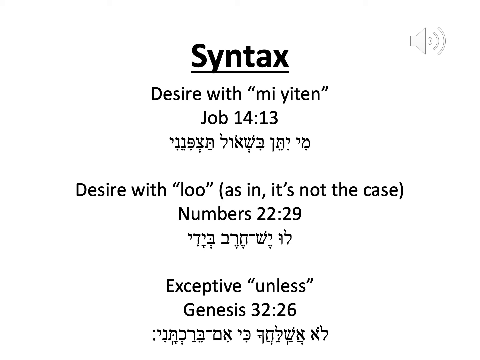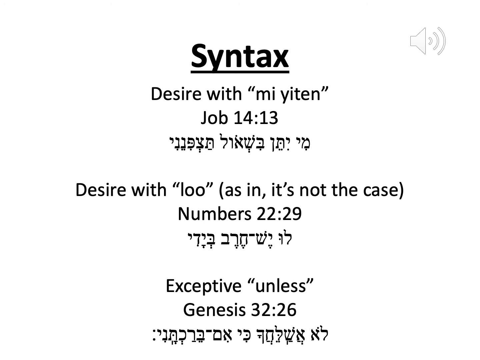Sometimes the desire is used with lu, if only, as in a negative that is not currently the case. So in Numbers chapter 22:29, Balaam prays, "Oh, that there was a sword in my hand," which is good that there's not, or else he would have killed his donkey who is talking to him at this point. But again, it is a desire about something that is not currently the case.